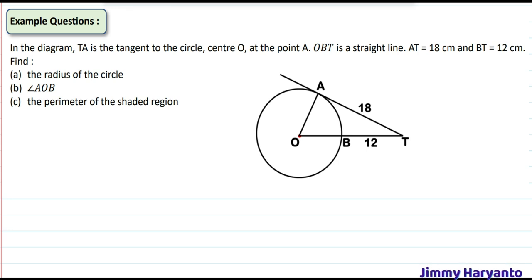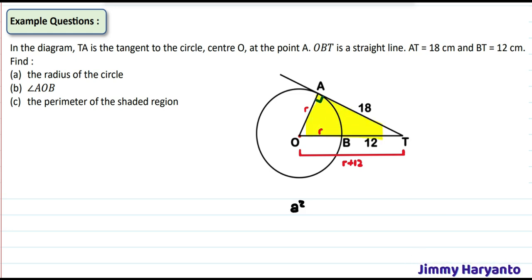Next, this one, the question wants you to find the radius. So 12 is BT, not OT. That means this one is radius and that one is radius. So this one will be radius plus 12. Because the tangent and radius create a perpendicular or right angle, we can use this right triangle to use Pythagoras theorem.